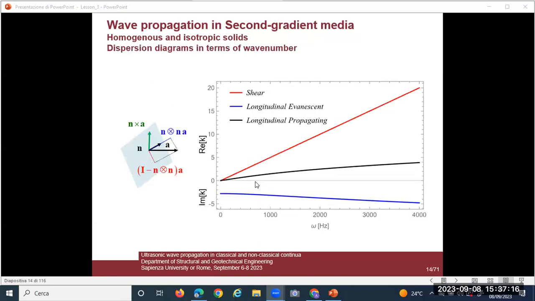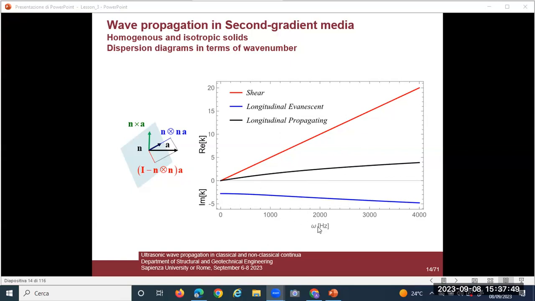And in this case, you see I have reported the normal to the wavefront, this vector here. So this one direction is the space n tensor product n a, and this other one in red is the plane spanned by this decomposition, I minus n tensor n times a.